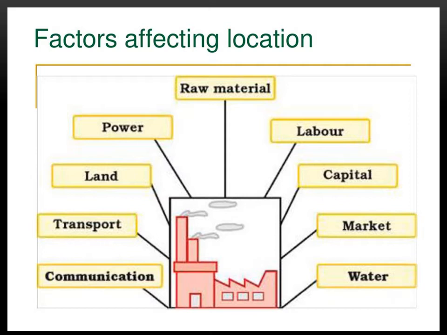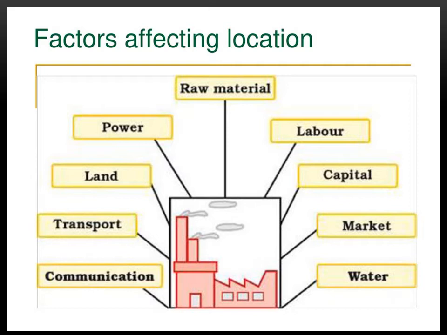But the human factors are the raw material that we are using for a product, then the access to market. Obviously, we need a market where we can sell the ready products. Then the capital, the financial asset or the money that we are using to start an industry. Then the government policy is obviously very, very important for the location of industries.